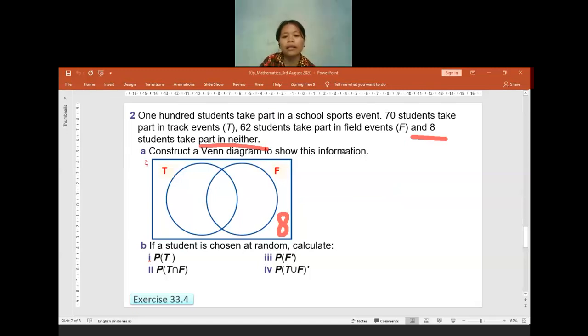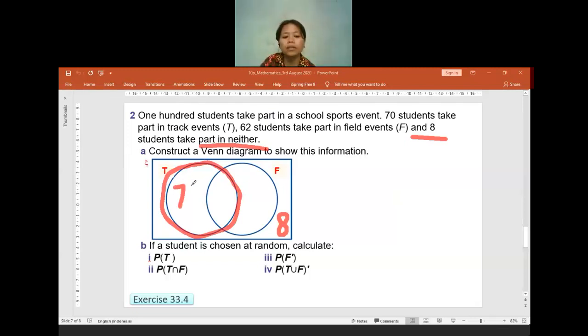So now let us continue. 70 students take part in a track event. For the 70, is it the full circle of T, or only a part of T? Yeah, it will be the full circle of track.